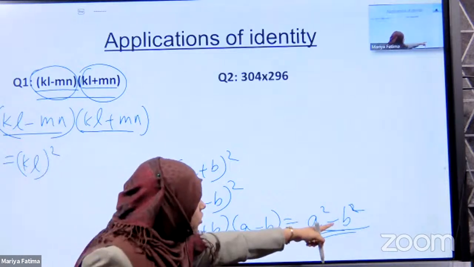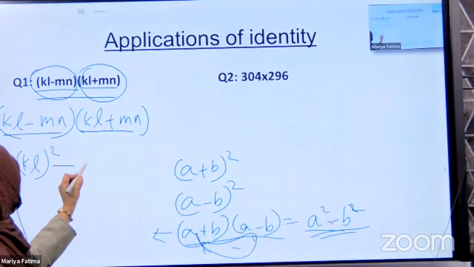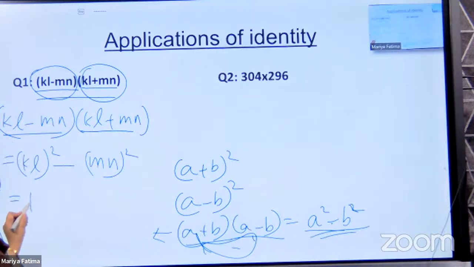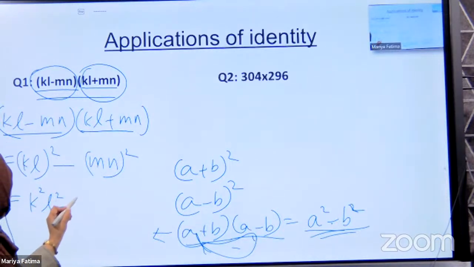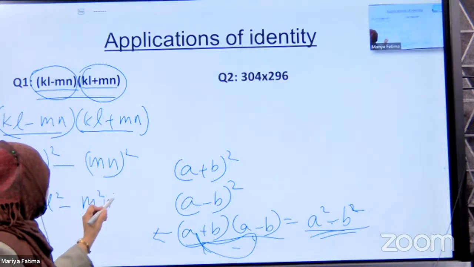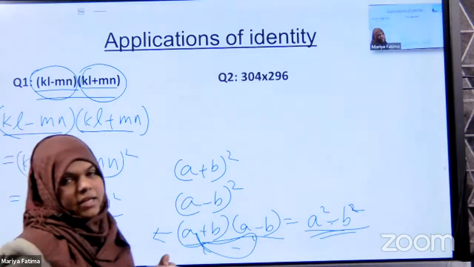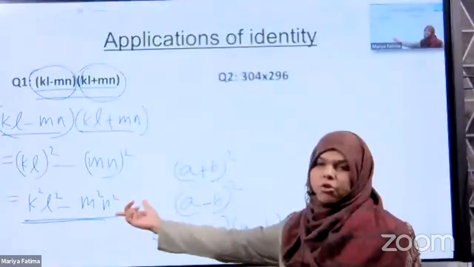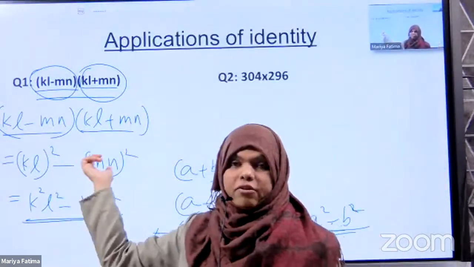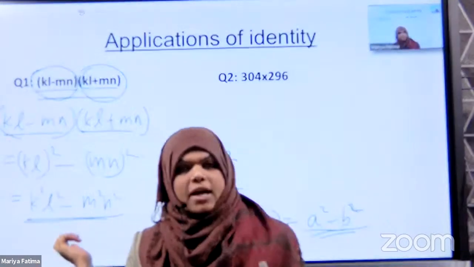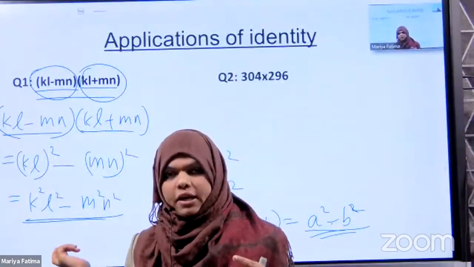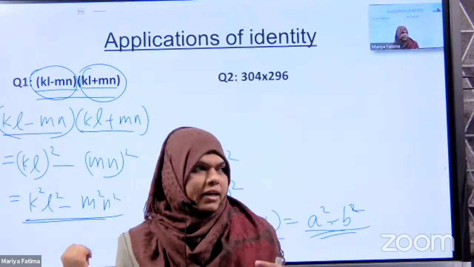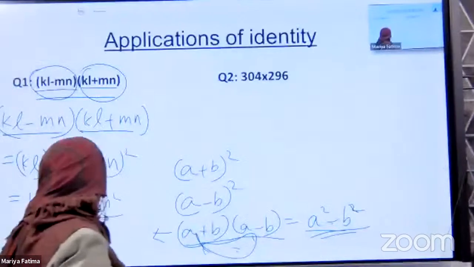Then which sign should come here? Minus. Then what is B? MN whole square. So the value of this is K square L square minus M square N square. This will be the answer. In this way, you can use this identity and get the answer quickly. If we use the identities, we can get the answers quickly, so instead of the long process, directly we can get the answers.